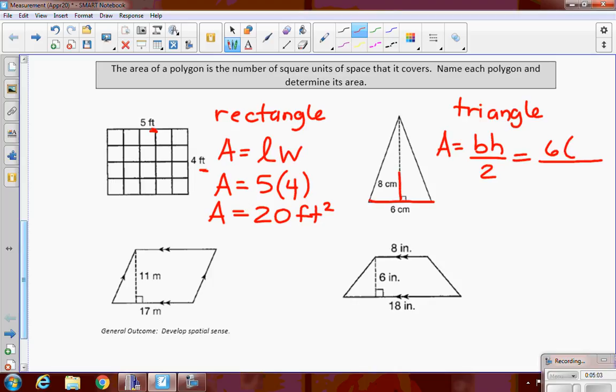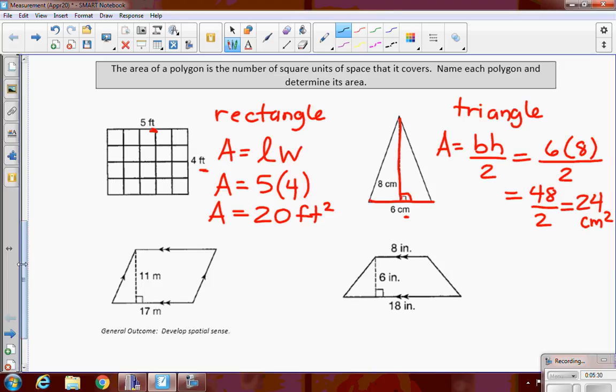The height in any triangle has to make a 90-degree angle with its base. So we have 6 times 8 divided by 2. 6 times 8 is 48, divided by 2. That gives us 24 square units, and our units in this case are centimeters, so it's 24 centimeters squared. We always need to include our units.